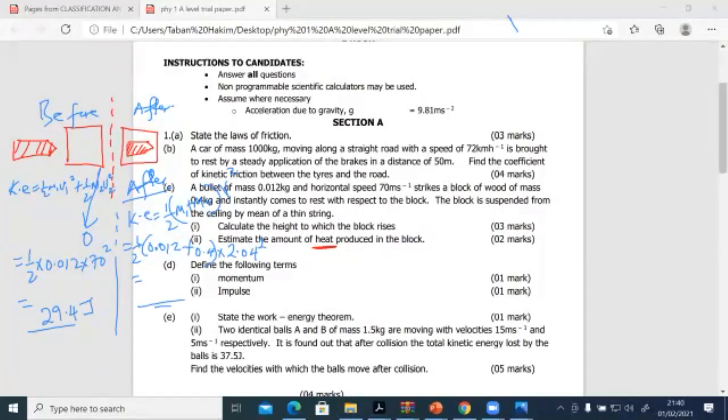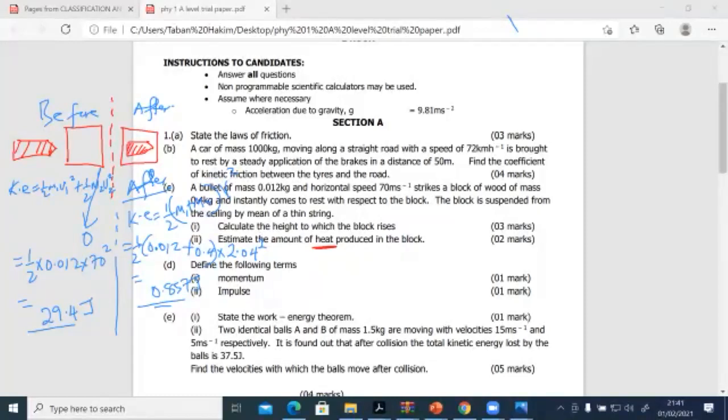What do we get here? 0.857 joules. Do we get that, members? The rest? Okay, we get the same answer.